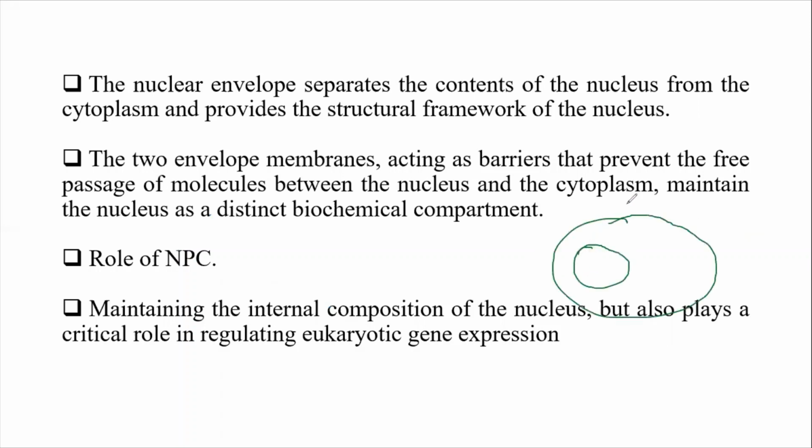Now there are certain proteins or other components which are required in the nucleus, or from the nucleus they should go to the cytoplasm. Like we have discussed in the case of the plasma membrane that we have got the channels or the carrier proteins which help in the transport of the materials. Similarly, in the case of the nucleus, we have got NPC.